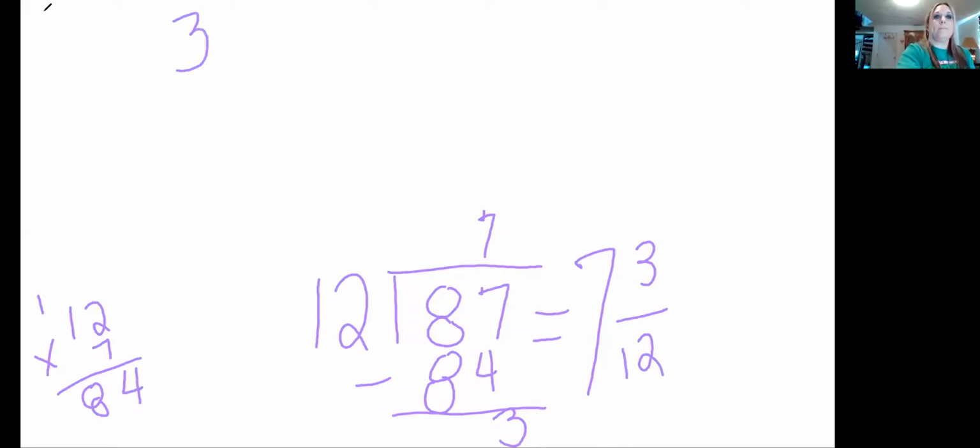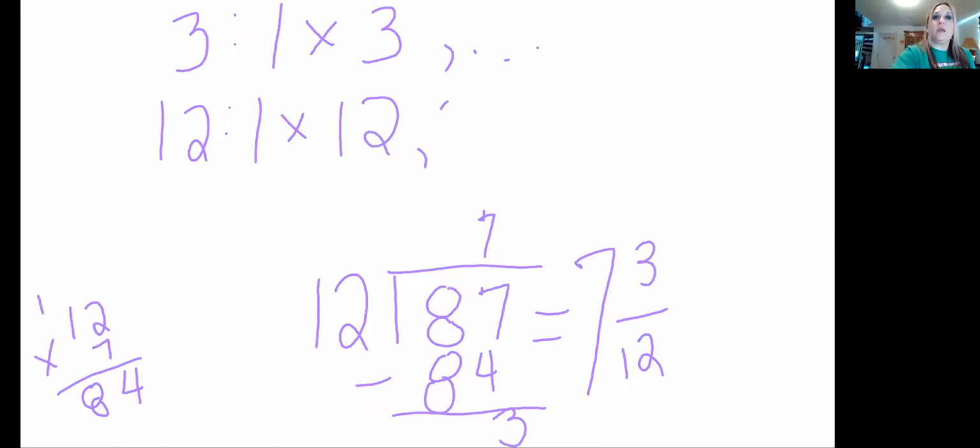My factors of 3 are 1 and 3, and that's it. It's a prime number, so it can only be multiplied by 1 and itself. The factors of 12: 1 and 12, I was jumping ahead.